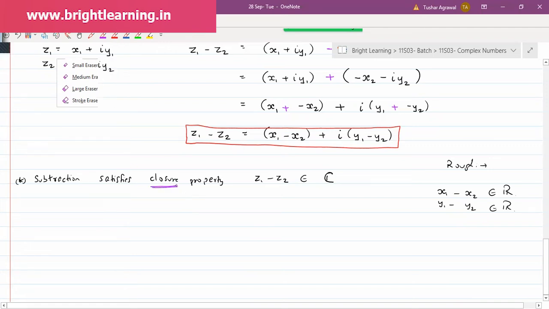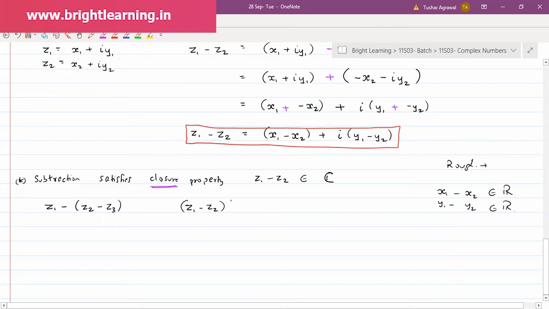Now associative: Z1 minus (Z2 minus Z3). What is this, sir? First perform the subtraction Z2 minus Z3, and whatever answer you get, do that subtraction from Z1. And another person says, sir, first I will perform Z1 minus Z2, and from this answer, after that I will do minus Z3. So you can see that these two are not equal.